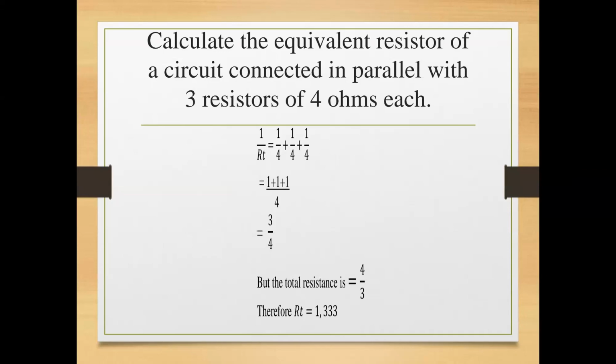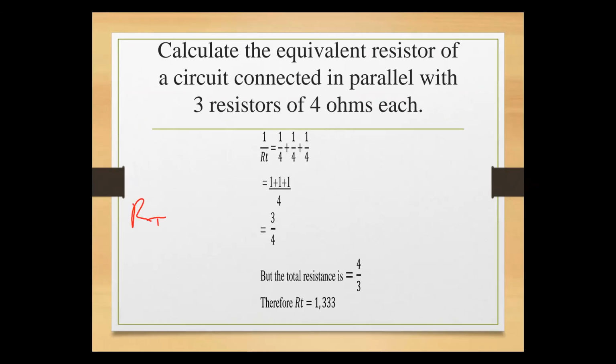Now, calculate the equivalent resistance of a circuit connected in parallel with 3 resistors of 4 ohms each. For parallel loads, the total resistance RT is found like this.